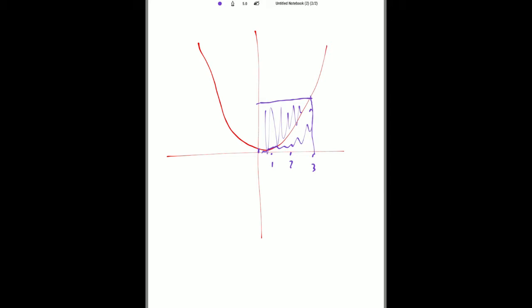This would be the 3 units here times the 9 units here, because 3 would go up to 9 here. So the area of the section under the curve by this method would be 27 units squared.